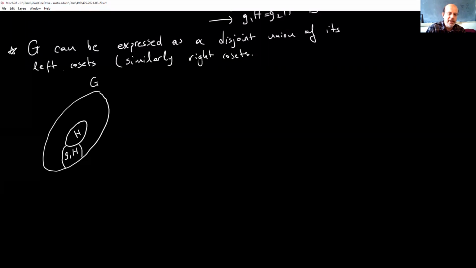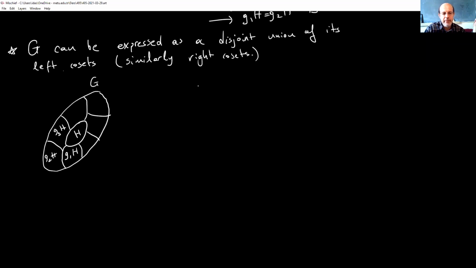There's another subset, which is G2H, and this is G3H, and so on. So I can basically divide this whole set into these left cosets. So basically every element of the group belongs to a left coset. And so therefore, the union of all of these left cosets gives us the full group.